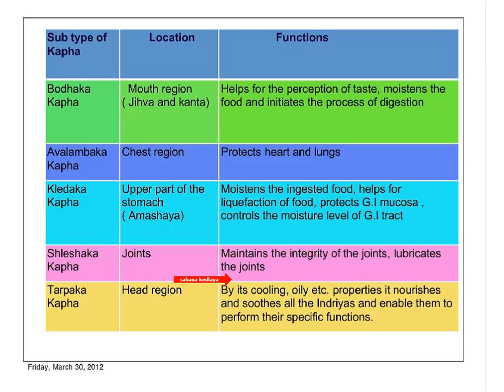When the Shleshaka Kapha becomes decreased in the joints, the joints become dry and the bone ends start to rub against each other. The person will have painful joints, painful movements, and also a creaky noise while walking. That's called crepitus. And also the area around the joint will become emaciated.